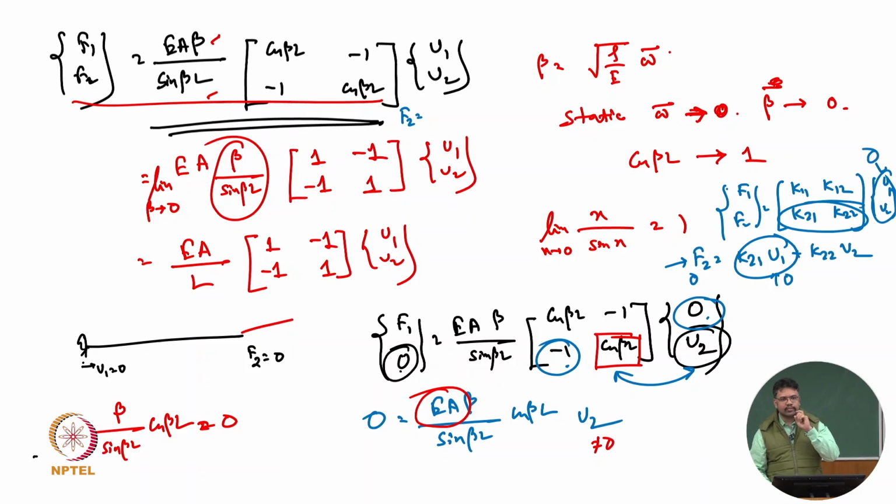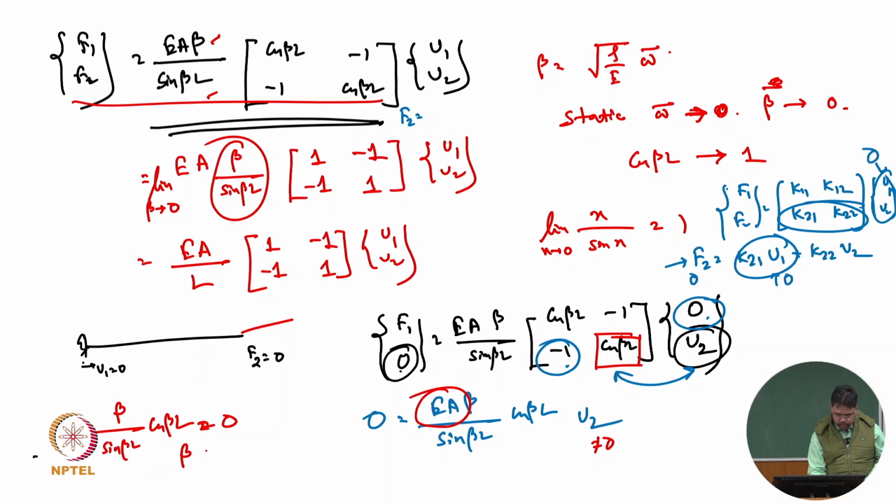Once we are trying to solve for the frequency of the structure, what are we looking for? We are looking for omega, where omega is within beta. So we are basically looking for the solution of beta, nothing else. So what can we write here?